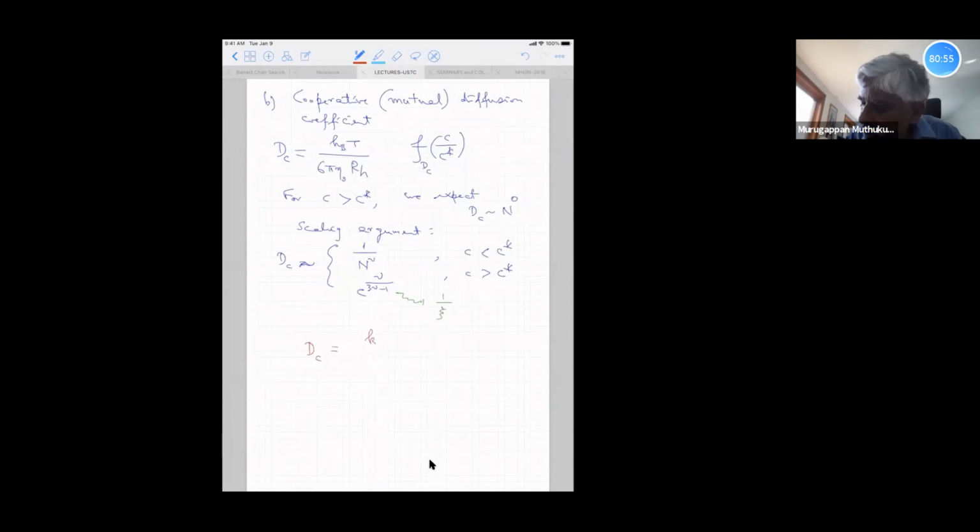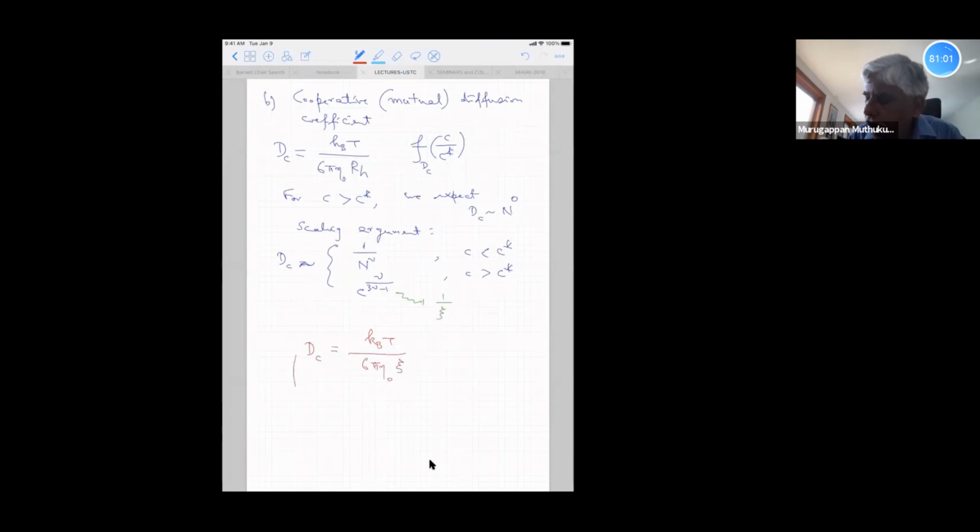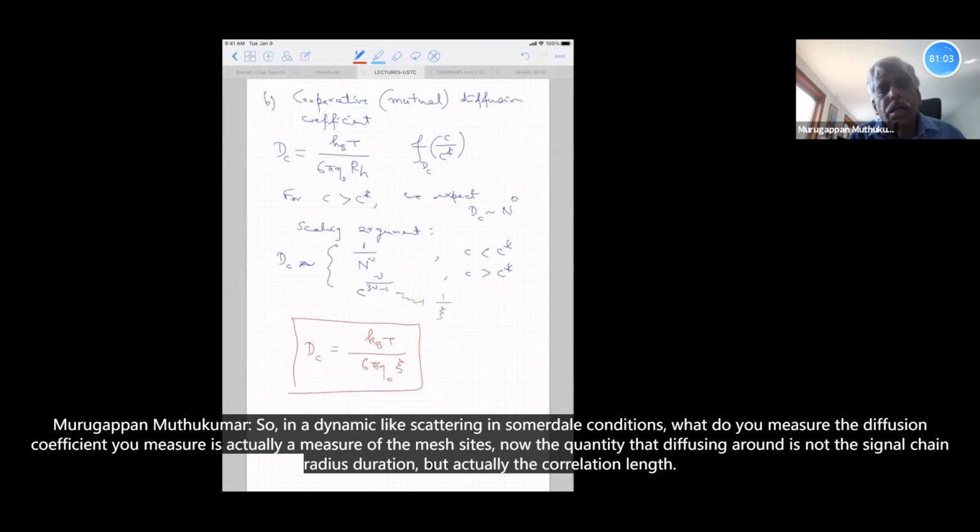kBT divided by 6 pi eta naught times the correlation length. So in dynamic light scattering, in semi-dilute conditions, the diffusion coefficient you measure is actually a measure of the mesh size. Now, the quantity that is diffusing around is not the single chain radius of gyration, but is actually the correlation length.